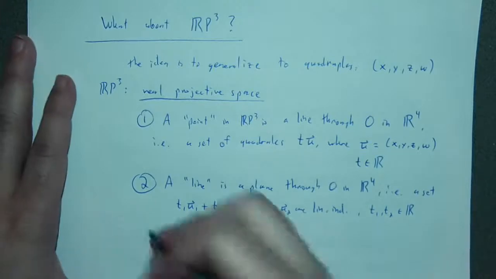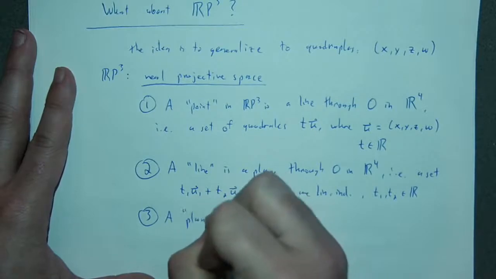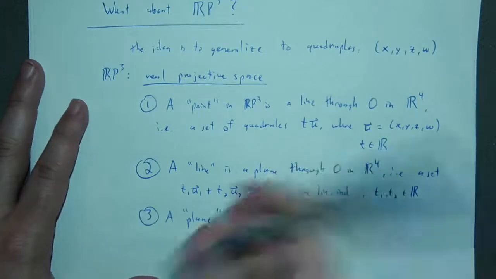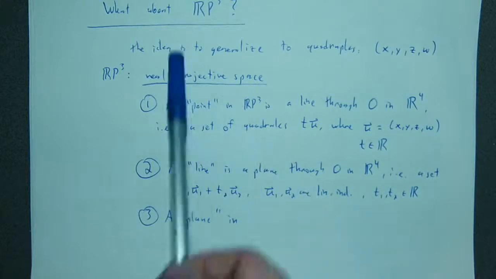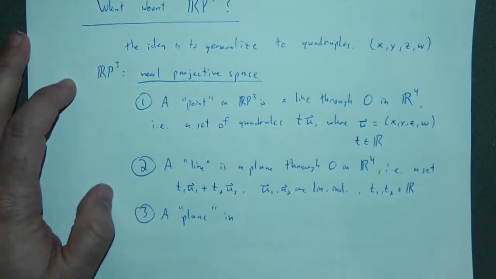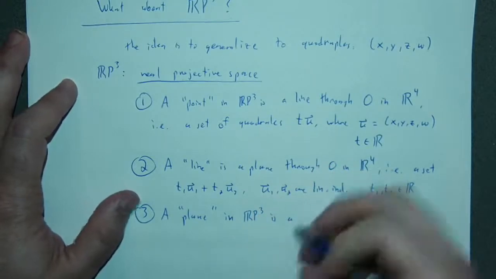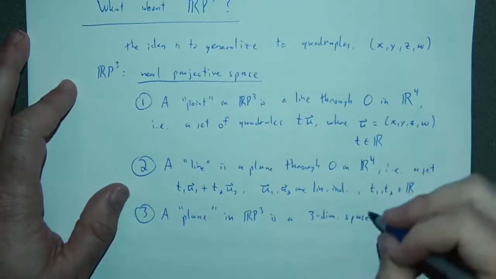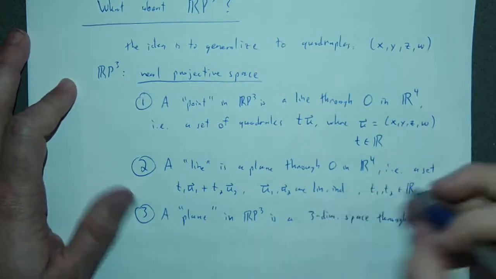Okay, and then what is a plane here? Our R4 is where the object sits, but our RP3 is supposed to be a space. It's modeling projective space here. So a plane in RP3 is a three-dimensional space through the origin in R4.